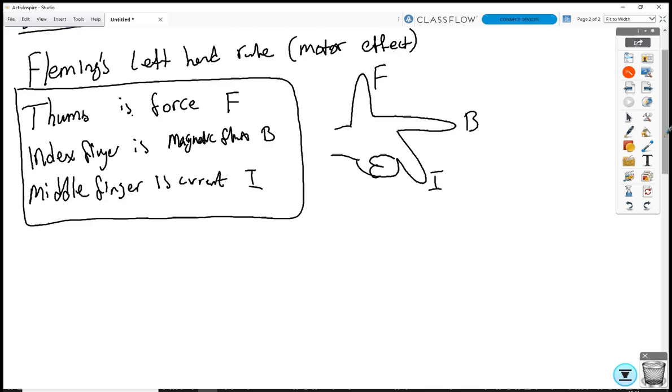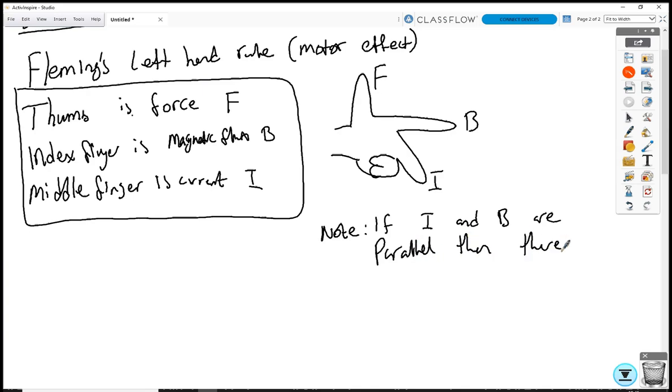Force is not only 90 degrees to the field lines, it's also 90 degrees to the current. Likewise, the field lines are at 90 degrees to the force and the current is 90 degrees to both of them as well. So add a little note here. If I and B are parallel, then there is no force.